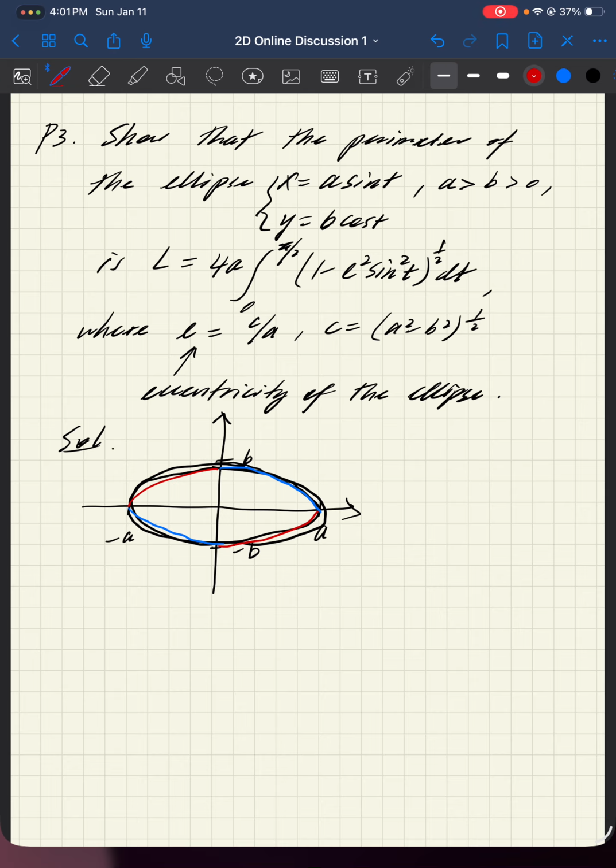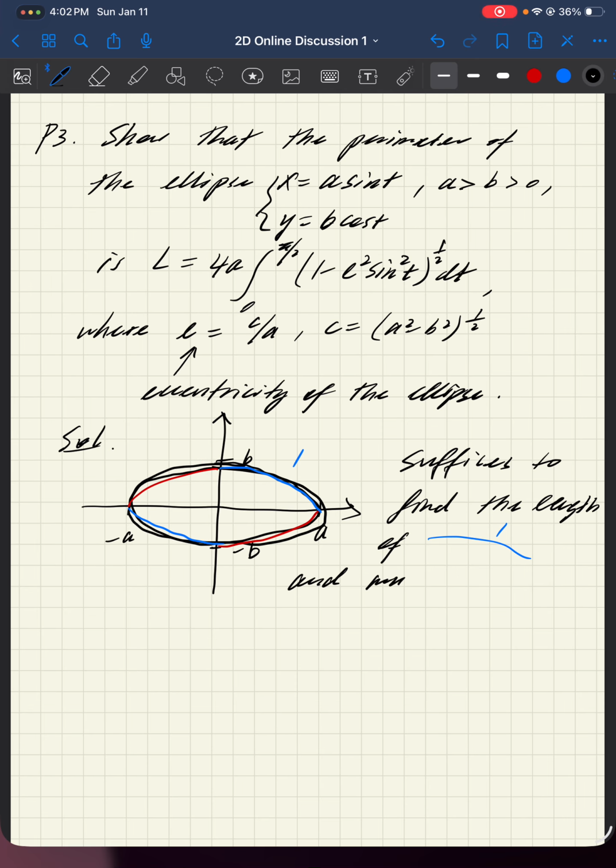Since the ellipse is regular and symmetric across the y and x axes, it suffices to find the length of one of the parts, let's say this first part, and multiply by 4, right?